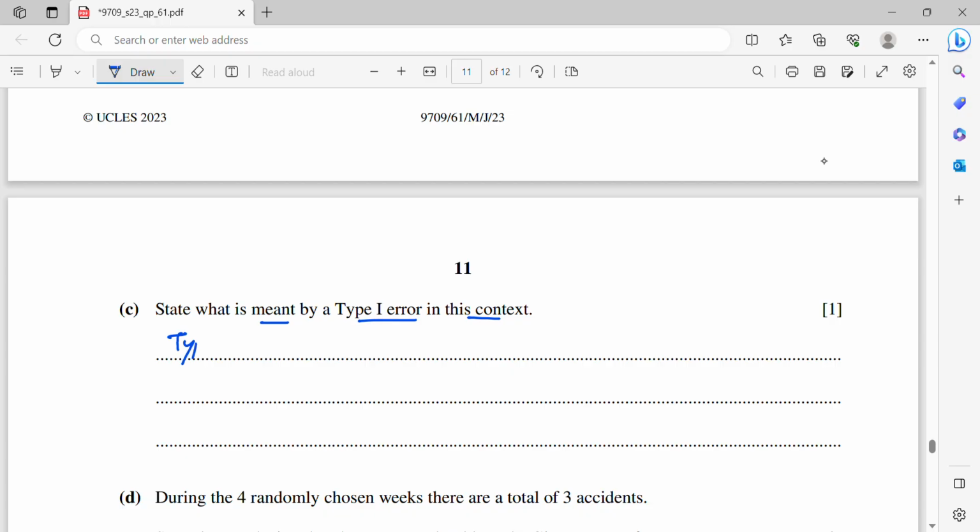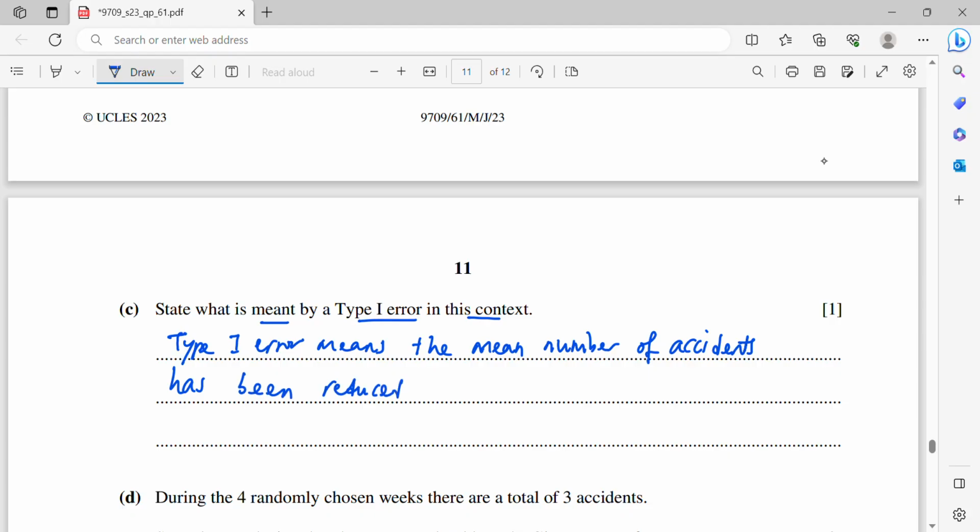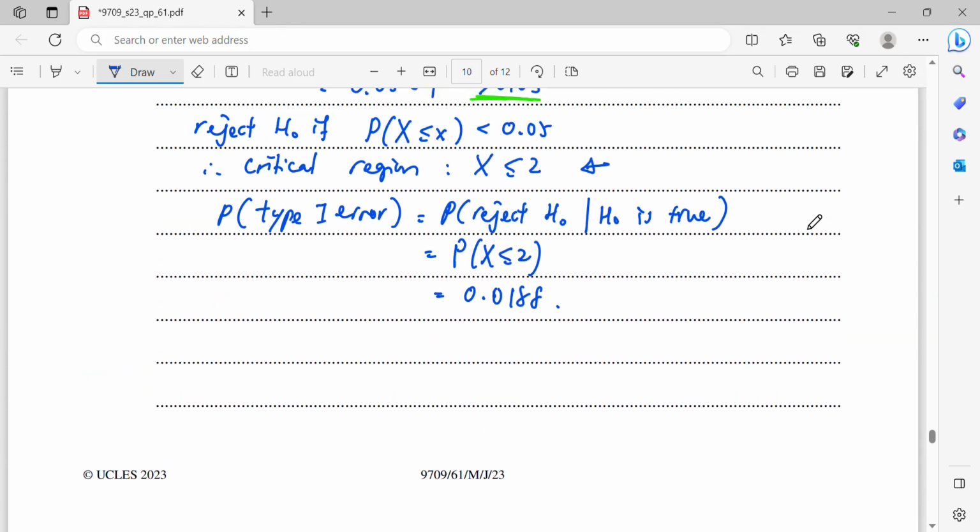So a type 1 error means the mean number of accidents, because lambda is a mean, has been reduced. But don't forget, the slash H naught is true.